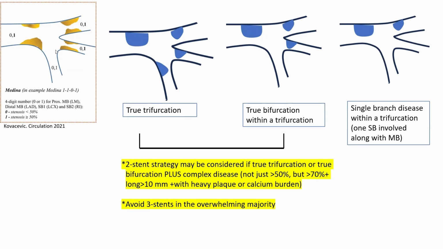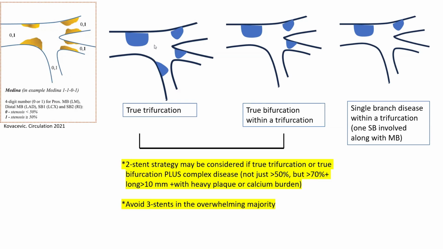In terms of classification, you may use the Medina classification that is used for bifurcation to classify trifurcation, with 0 or 1 to each of the main and side branches depending on involvement more than 50%.